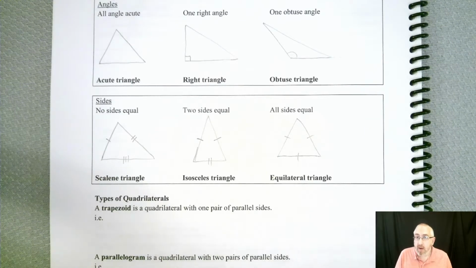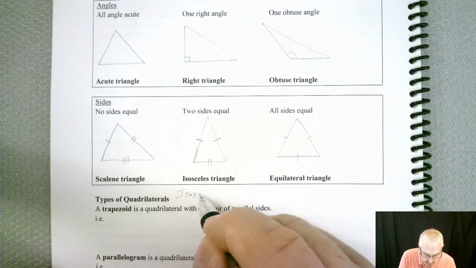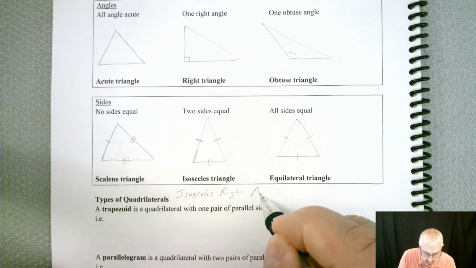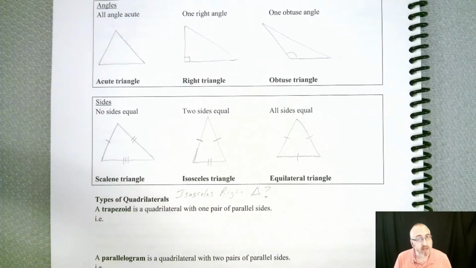Now, one question you might get asked or might want to consider is something like, could we have a combination of these two descriptions? Something like, could there be an isosceles right triangle? What do you think? An isosceles right triangle. Well, the answer to that is yes.